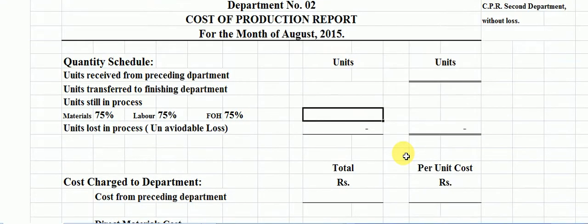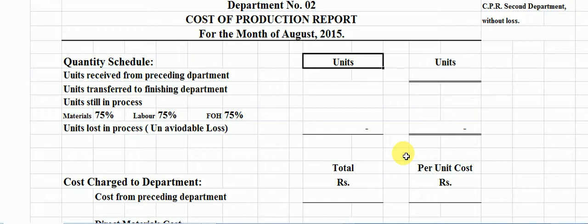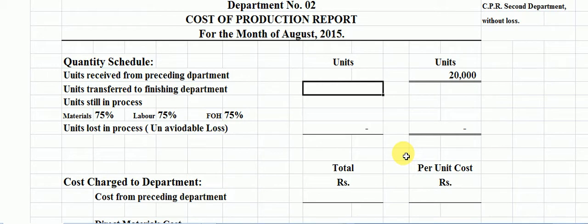Now students, this is the first section, the quantity schedule, in which units received from preceding department is 20,000 units, units transferred to finished goods is 18,000 units, and units still in process is 2,000 units.